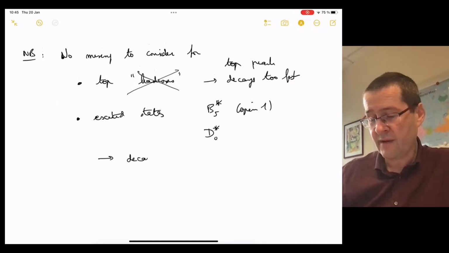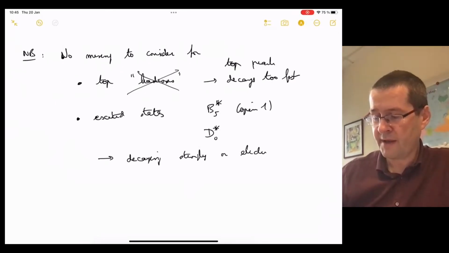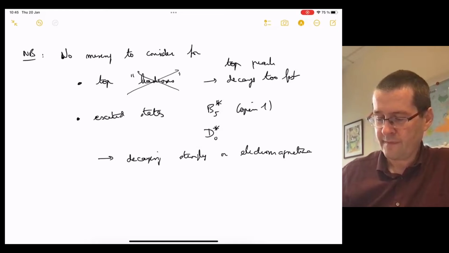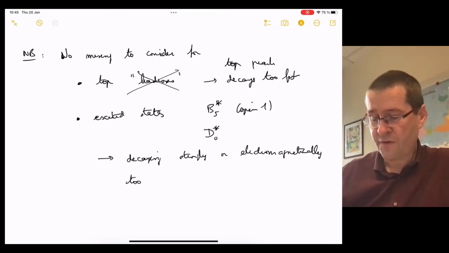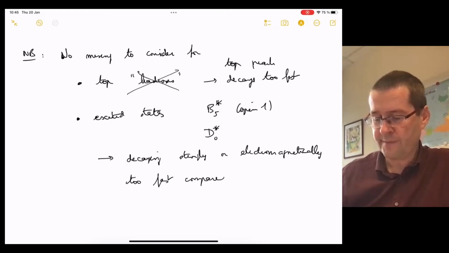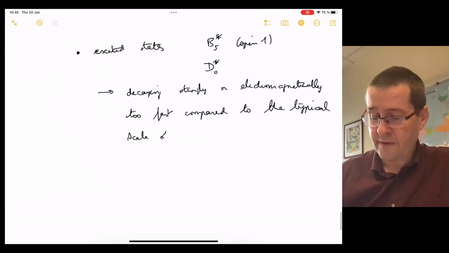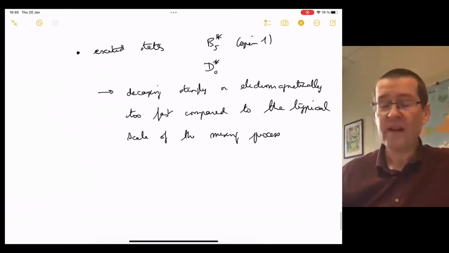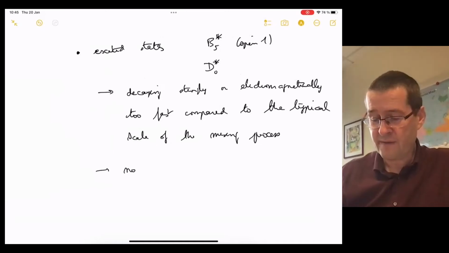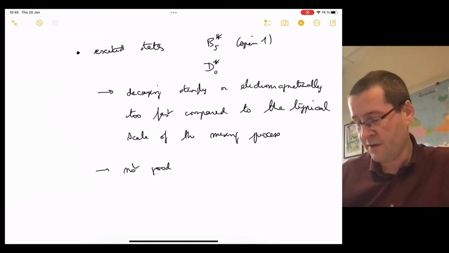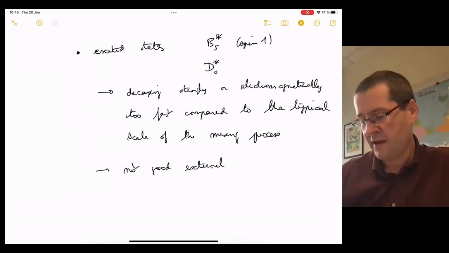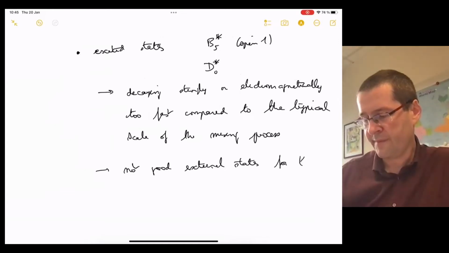They are decaying strongly or electromagnetically, and so too fast compared to the typical scale of the mixing process. Once again, they are not good external states for the discussion.